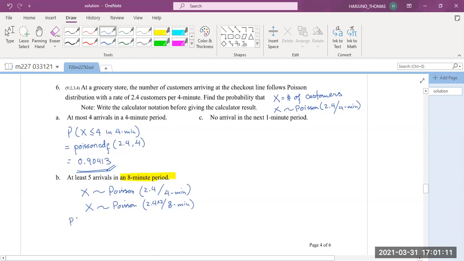So the probability that the number of arrivals is at least 5, either 5 or more.